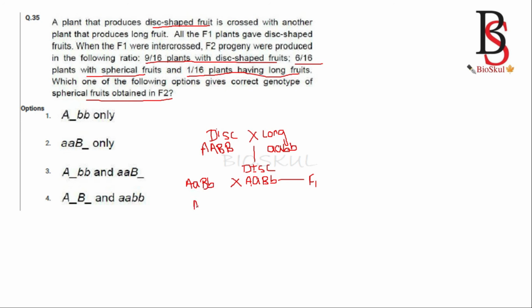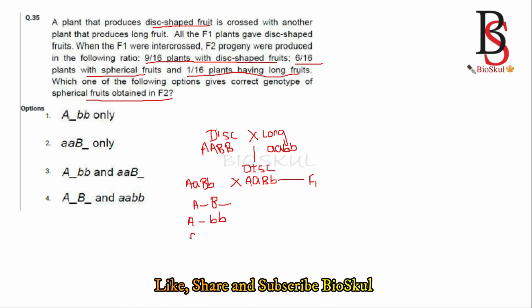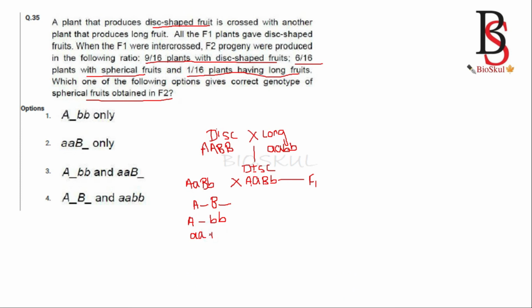In the F2 generation, it will produce A dash B dash, A dash, small b small b, then small a small a, capital B capital B, and small a small a, small b small b.